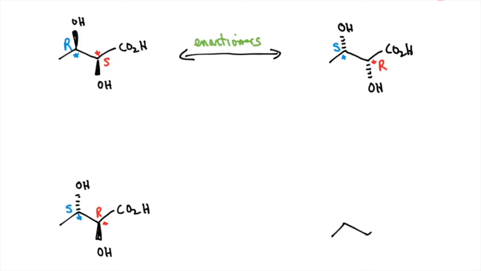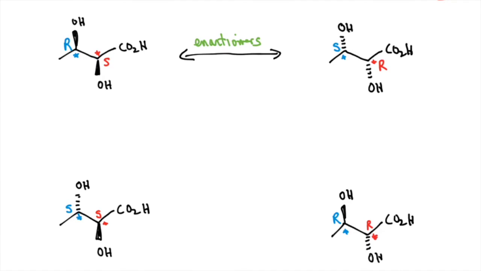The other possibility would be the one in which we have a dash on the bottom and a wedge on the top. Again, two stereocenters, the red and the blue. The blue would be R, and the red would be R. Excuse me, go back, I made a mistake. Over here on the left-hand side, the red in this case is an S stereocenter. So this was an SS molecule.